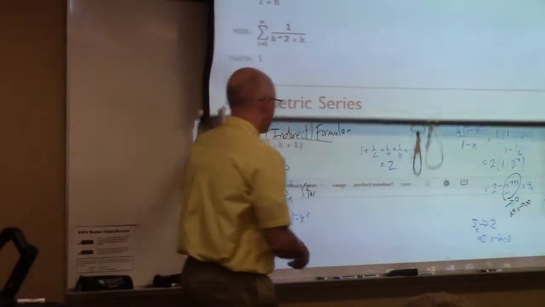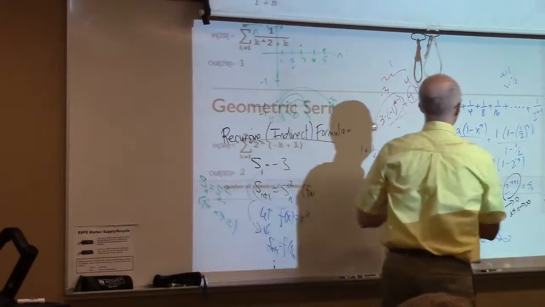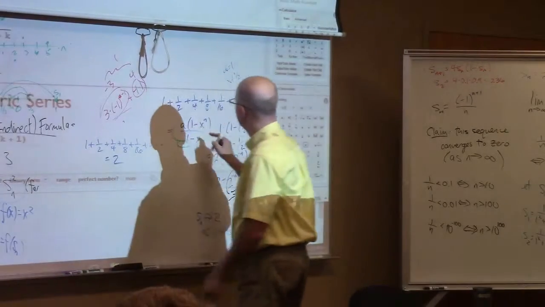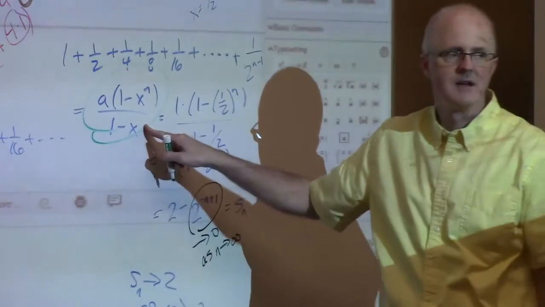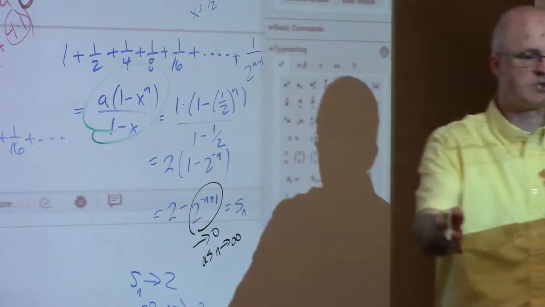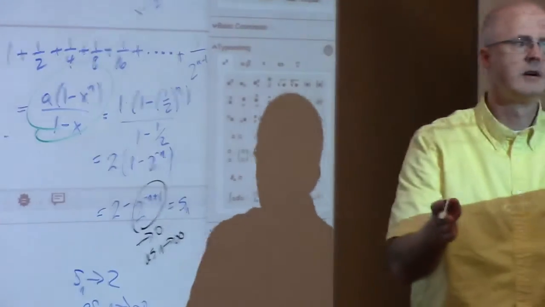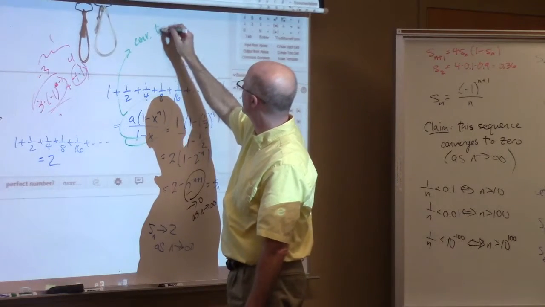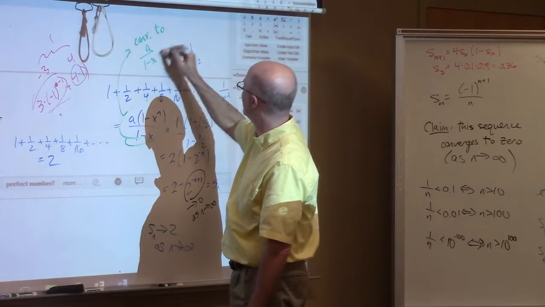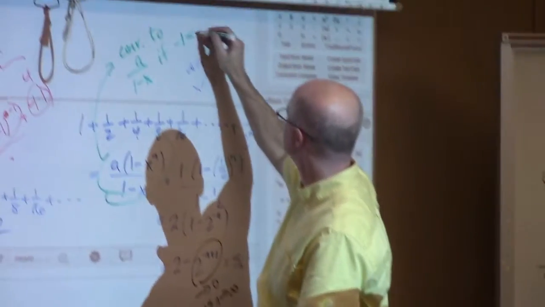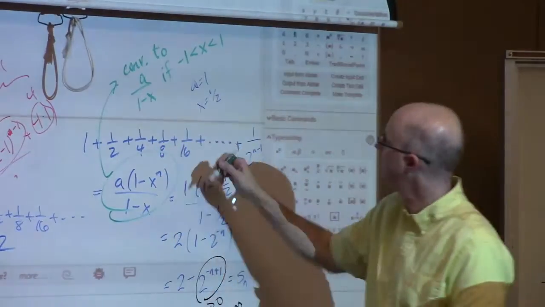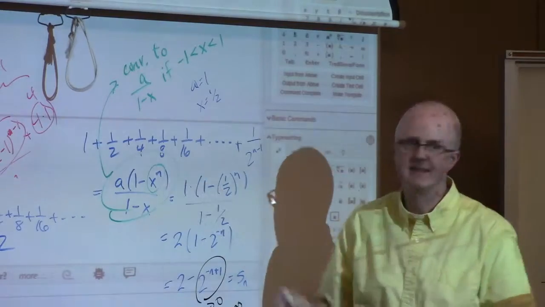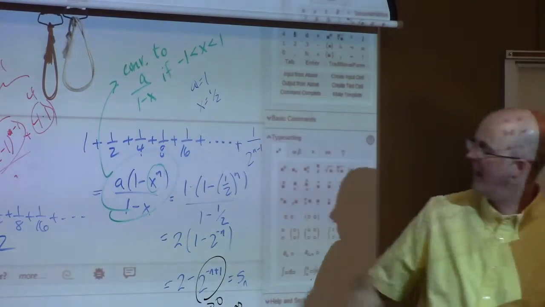In general, this will be the last thing I say today. In general, that expression, as long as x is strictly between -1 and 1, will converge. This converges to a over 1 minus x if x is strictly between -1 and 1, because in that case x to the n goes to 0 as n goes to infinity.